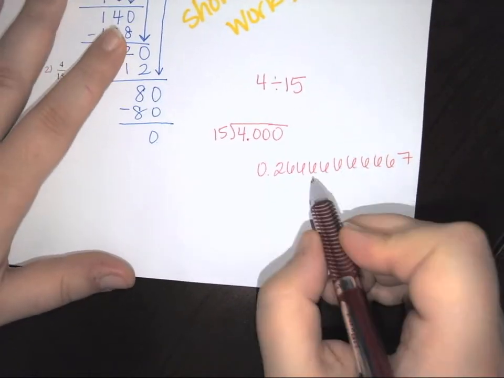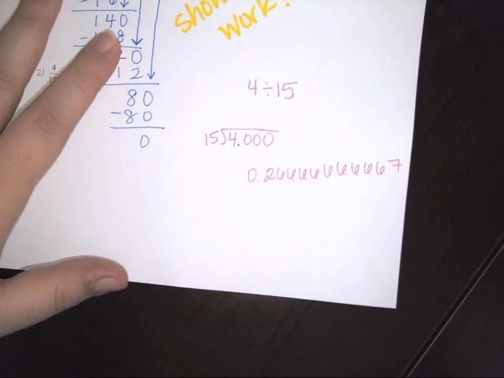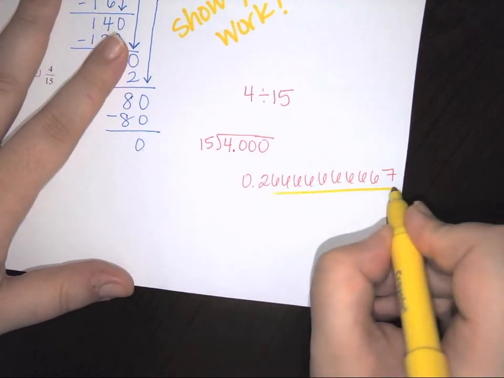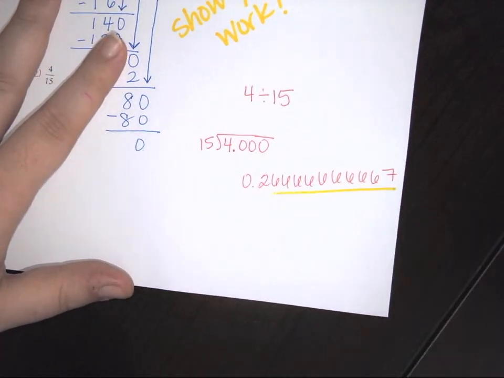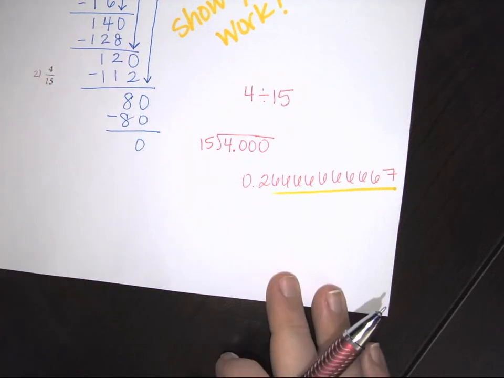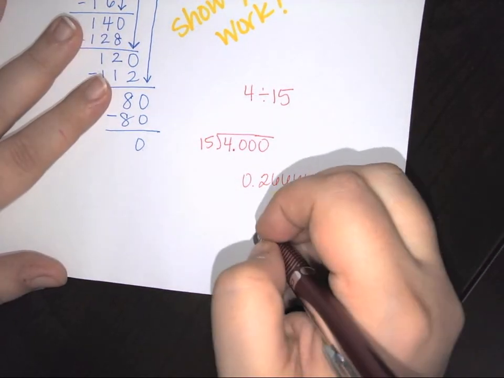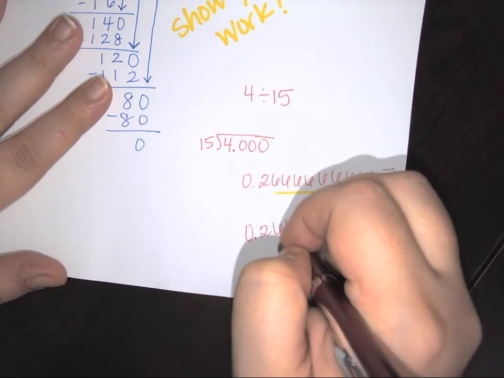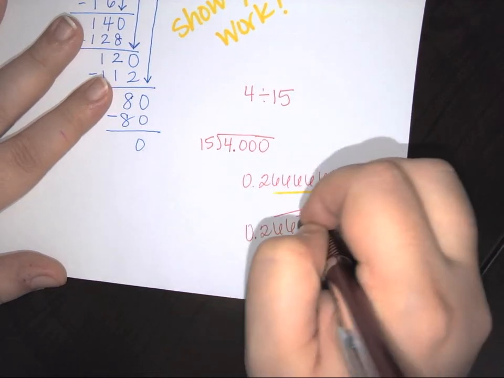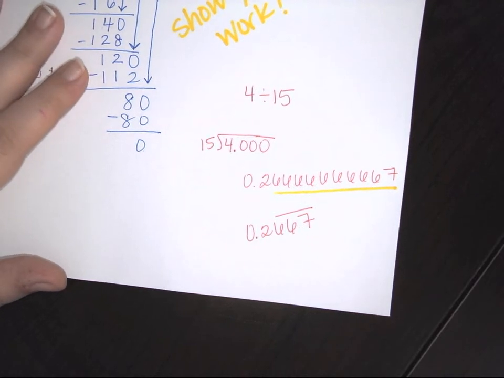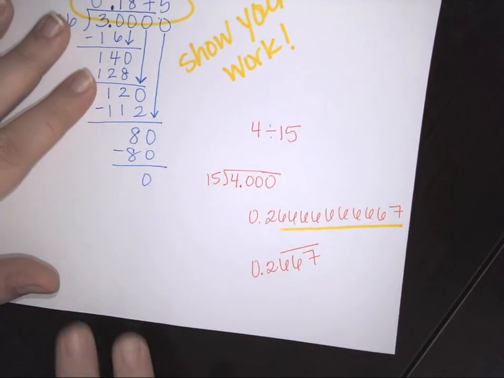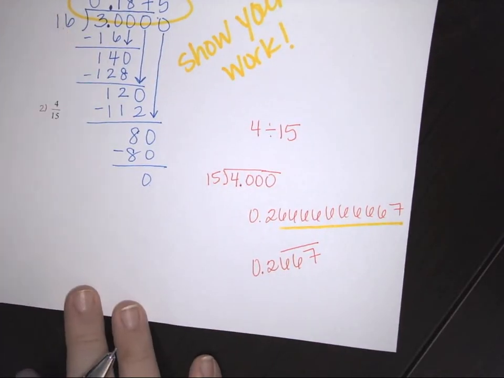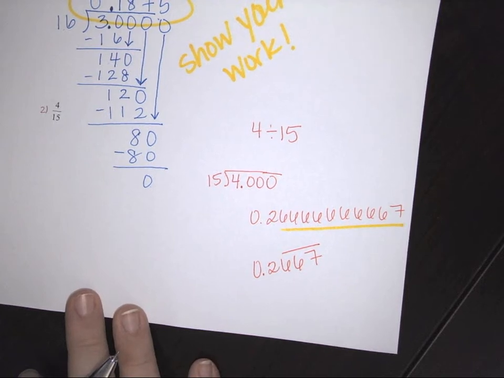The repeating part comes specifically from these 6s. Okay? So here what we would do is we would go ahead and show the pattern. So we would be able to state this as 0.2667. You draw a line on top which signifies that it is a repeating pattern and which part of the fraction is repeating. Okay.